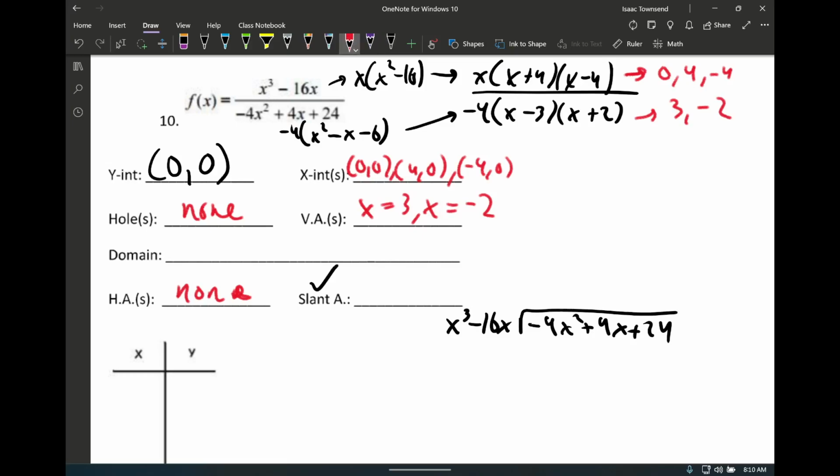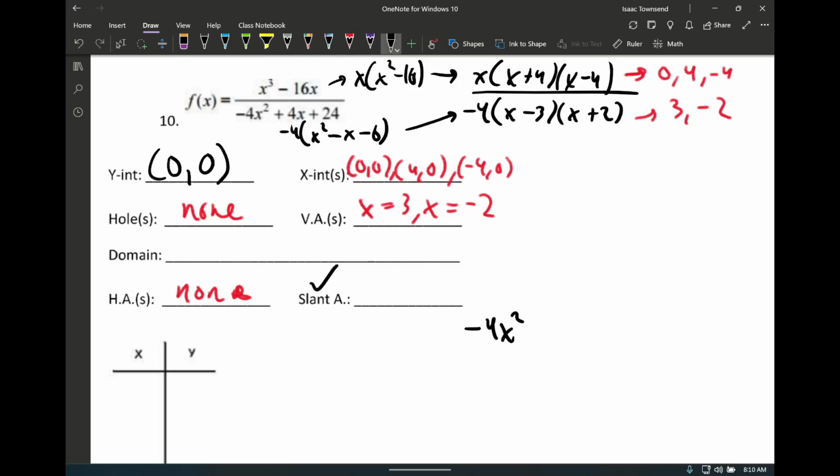So looks like we should have gotten a negative 1/4 x. Oh, I got that backwards. Sorry. Got to set it up correctly.